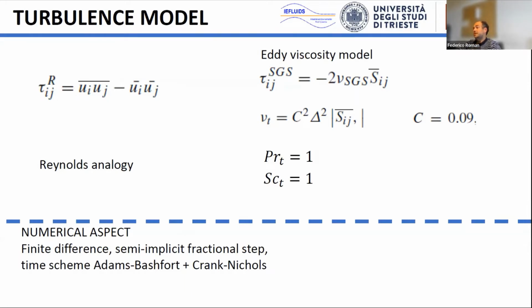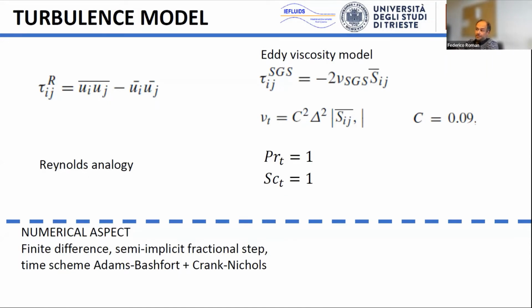Then, concerning the scalar transport, we are working on the Reynolds analogy. So fixing a Prandtl turbulent number equal to 1 and a Schmidt turbulent number also equal to 1. The second one is referred to the salt transport.